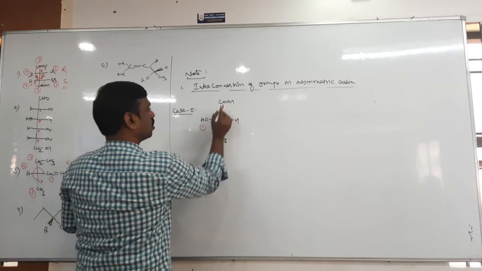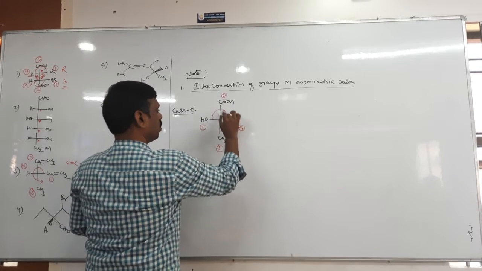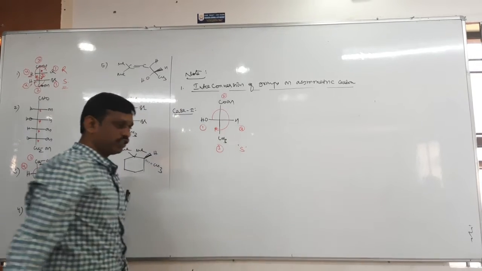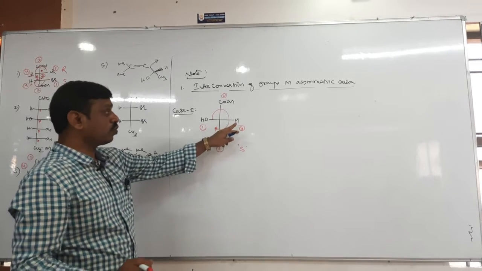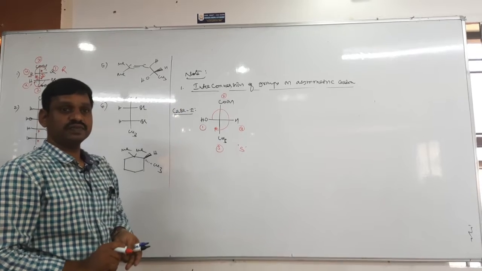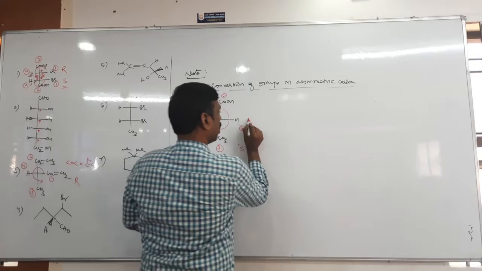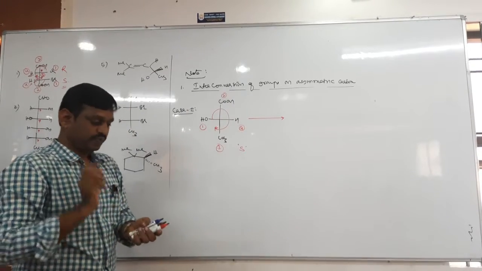1, 2, 3, 4. It is the S configuration. But now I want to bring this horizontal line into a vertical line. How to do it?